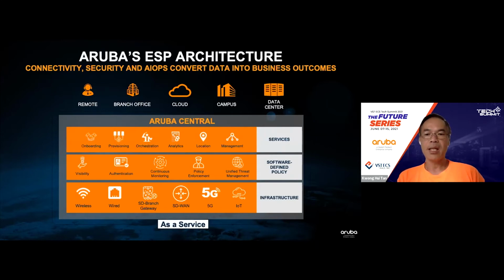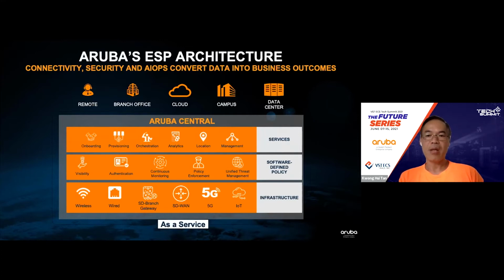The top layer is the layer from which organizations derive the most value from Aruba ESP, because this is where many of the services used to interact with the platform live. Services such as management, orchestration, locationing, etc. live here and are exposed to users via Aruba Central, our cloud-native single pane of glass management tool.